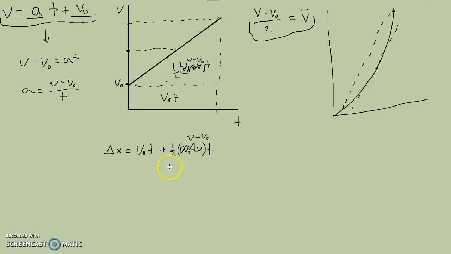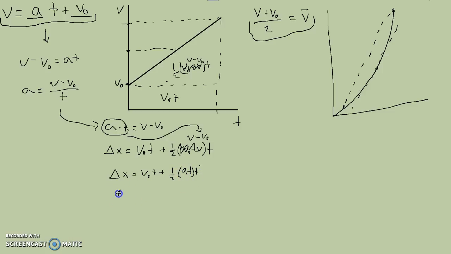As we're working with this equation, what's going to be helpful is if we can simplify this. And you might notice that we already have this written somewhere on the screen here with this equation right here. We can rewrite this equation so it looks like a times t equals v minus v naught. And then we can replace v minus v naught with it. So we would then have delta x equals v naught t plus 1/2 times at times t.